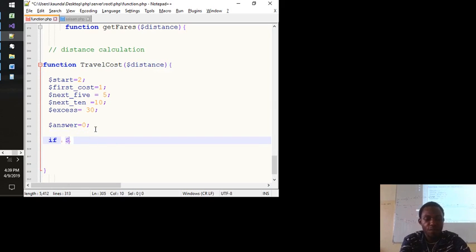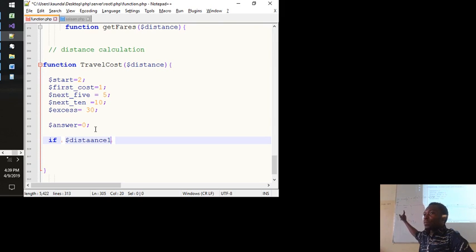So if distance is less than 1, you know what I'm thinking? If the person travels half a kilometer, let's say we are charging that one only when he gets to the end of the 1 kilometer.